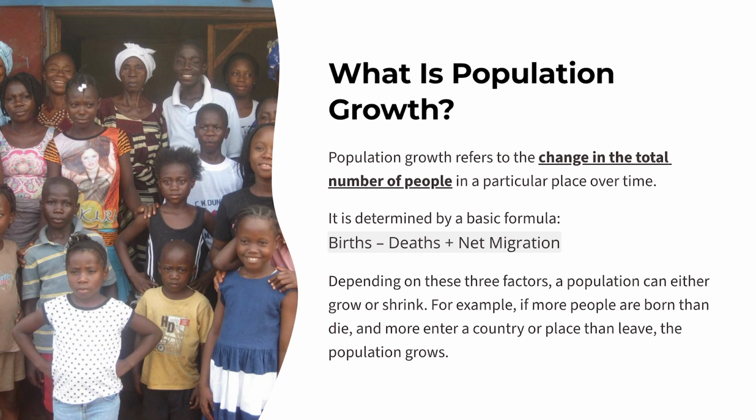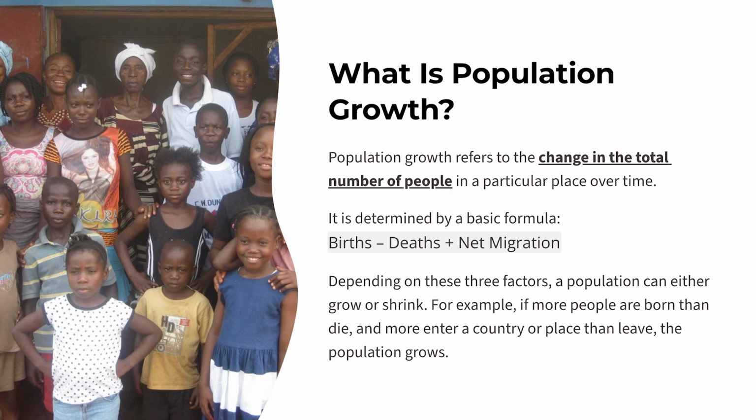If Ghana has more births than deaths, and more people enter the country than leave, our total population will grow. But if many people migrate out, or if death rates rise, the population will grow more slowly or even fall. So, population growth tells us whether a place is getting more crowded or less populated over time.